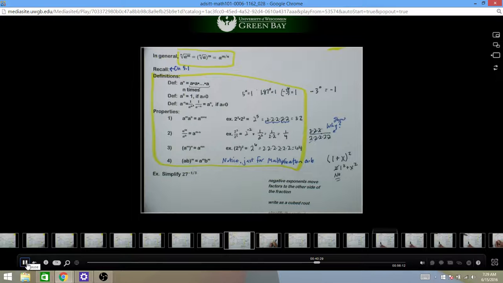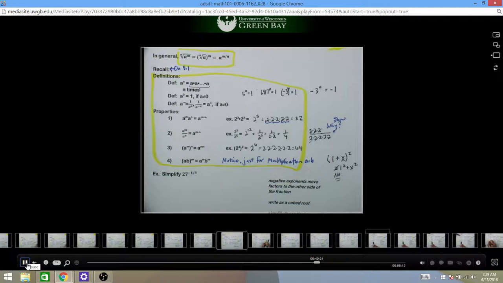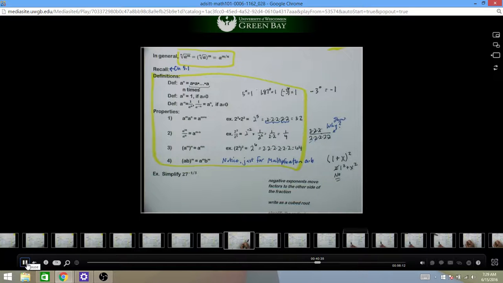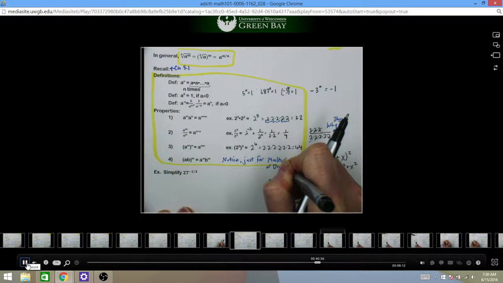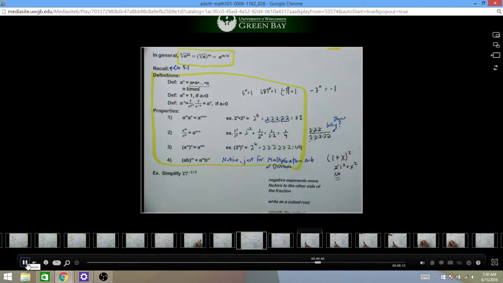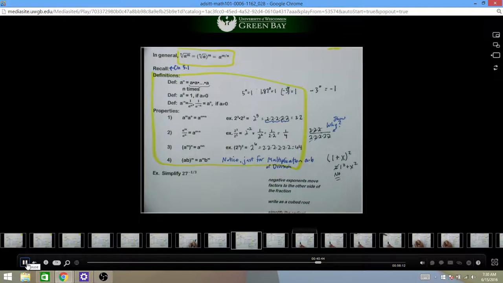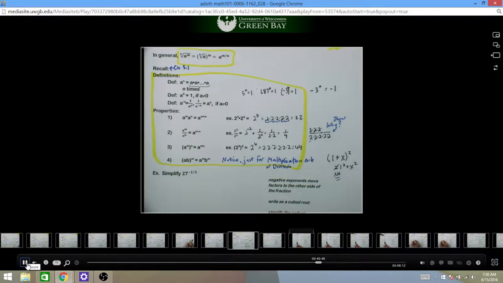It's actually a rule for division also. So we could write or division. But it's not for addition or subtraction. Do we have an example of that? I think we'll see an example eventually.